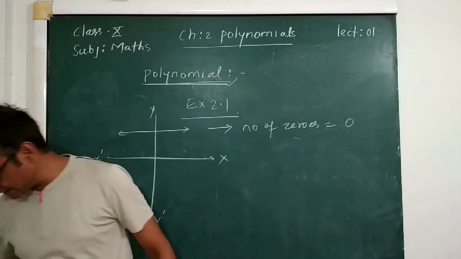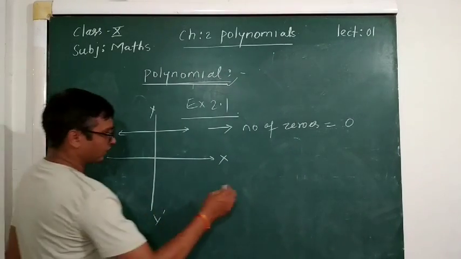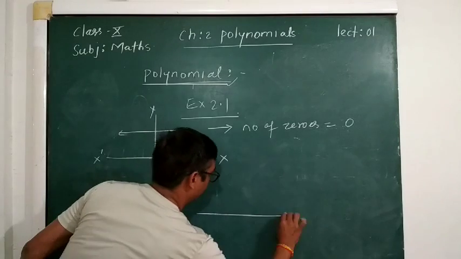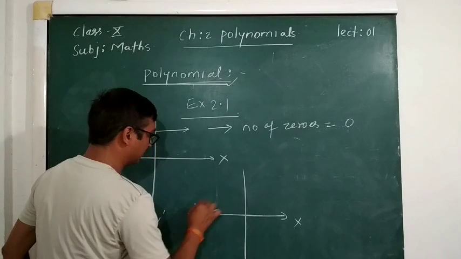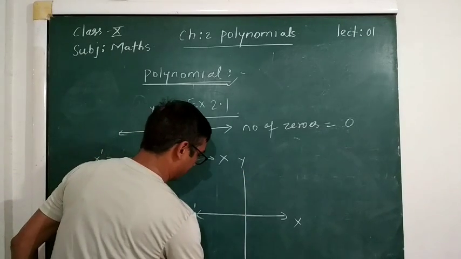Now in a similar way the second one is given. It is like this. So this is x, x dash, y and y dash.